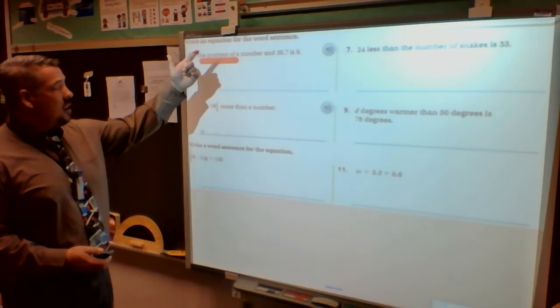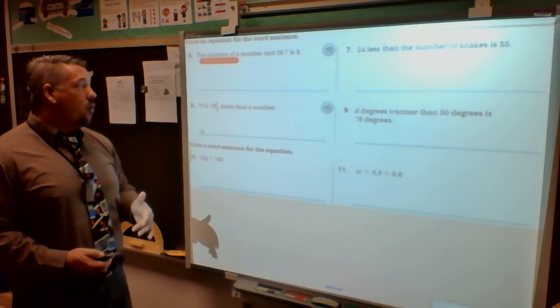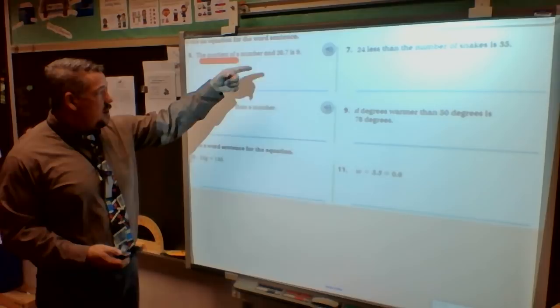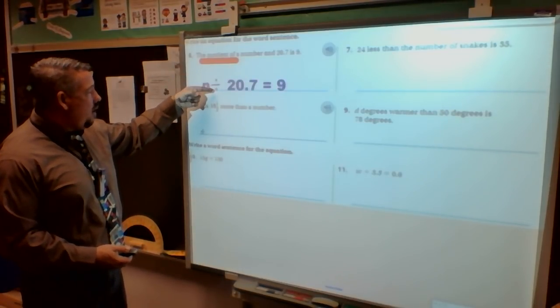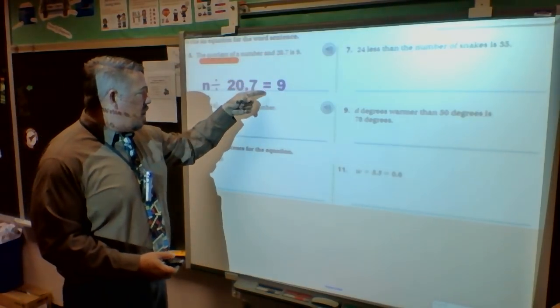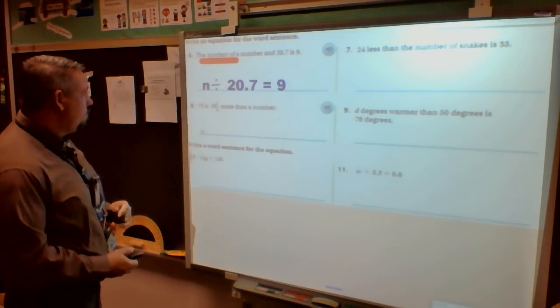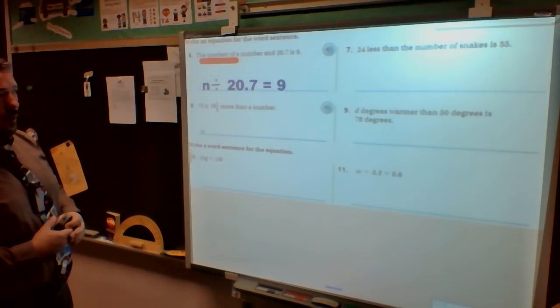And just like with subtraction, if it's given in a specific order, I have to keep it in that order. So a number and 20.7, so I have my number divided by 20 7/10 is my equal sign, 9. That's my algebraic expression, and I'm good to go.